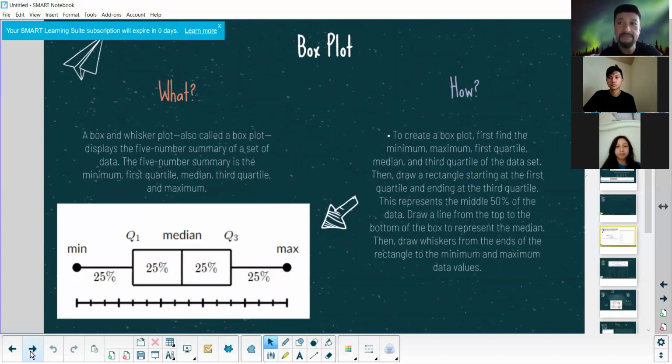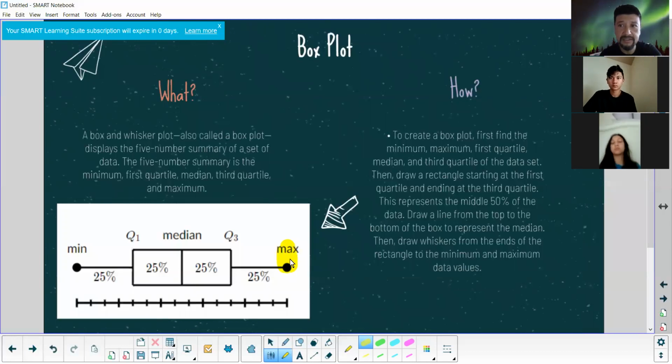The biggest benefit of this graph is that when you're dealing with something, let's say purchasing a car, you don't want to know the maximum that somebody paid. See where it says max? You don't want to hear that somebody paid a ridiculous amount of money.